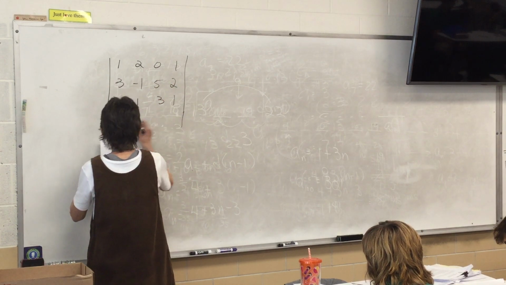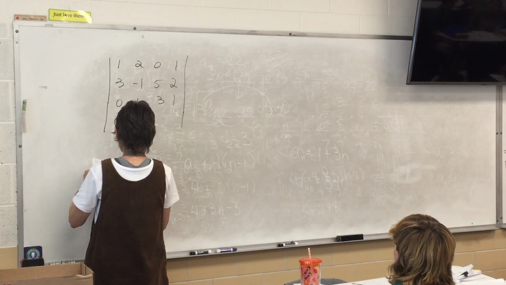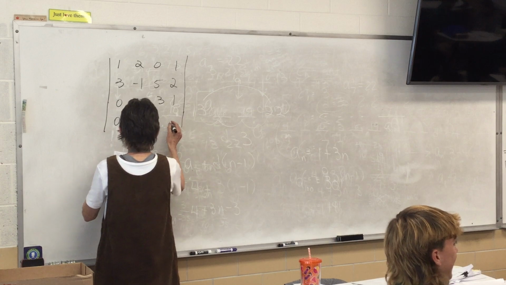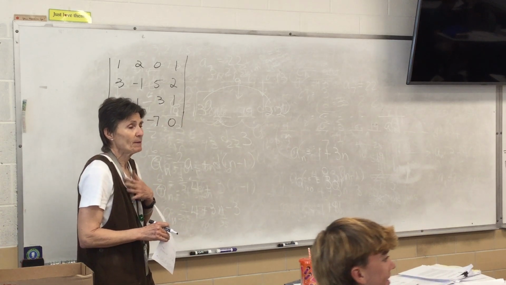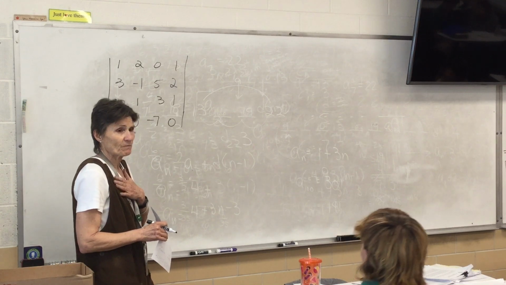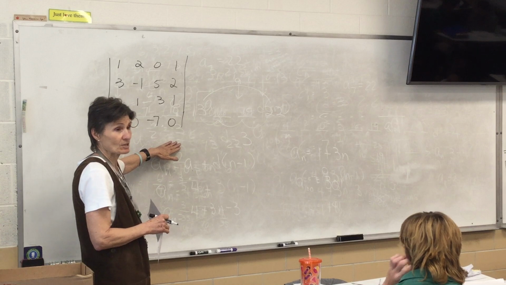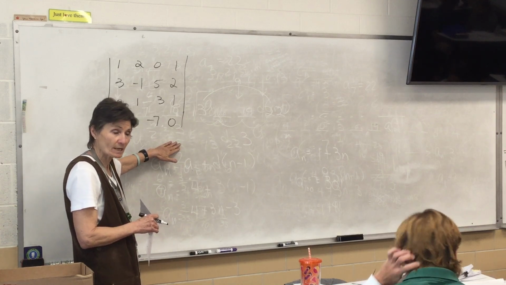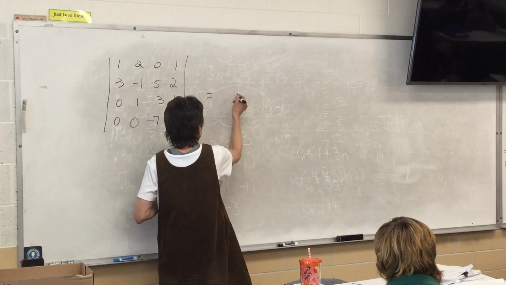Especially on a test, when you don't have unlimited time, let's do this the most efficient way we can, which would be using the bottom row, because that's the row that has the most zeros in it. So the only number in the bottom row that counts is the -7.